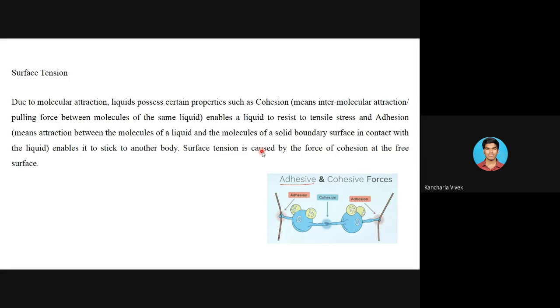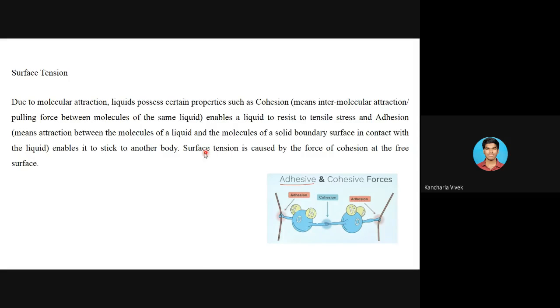Surface tension is caused by the force of cohesion, because this particle is definitely pulling this one, and there might be some water molecules above, beside and beneath this, so it exhibits a pulling force.